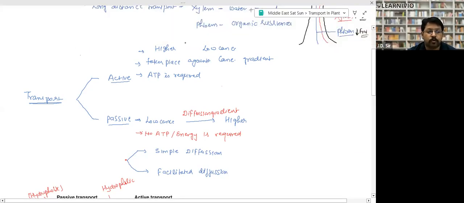But in active transport, the substance moves from lower to higher concentration, against the gradient. This is called uphill movement.